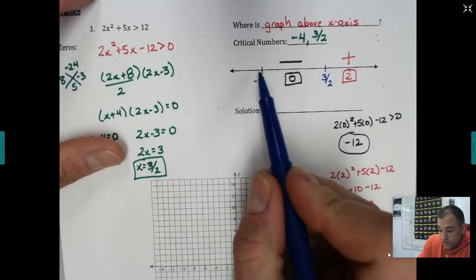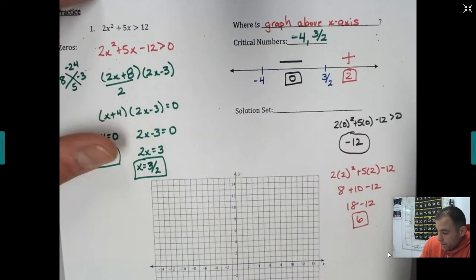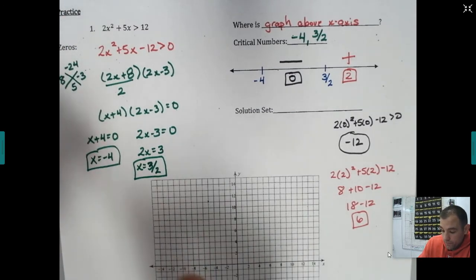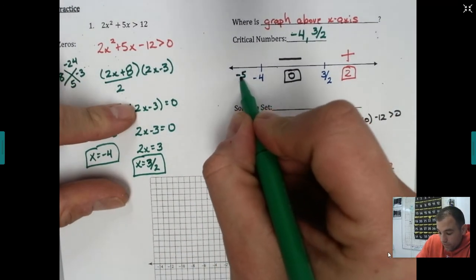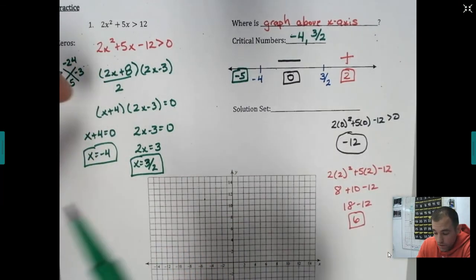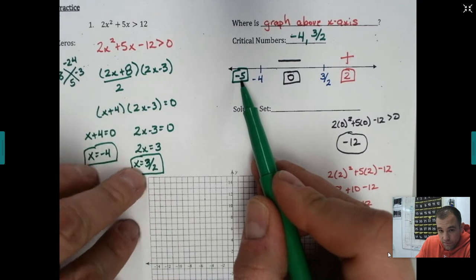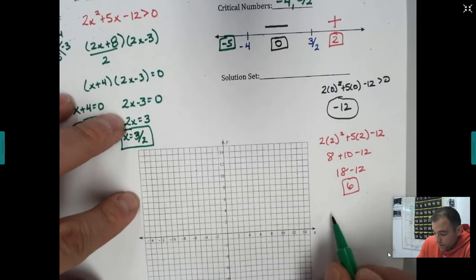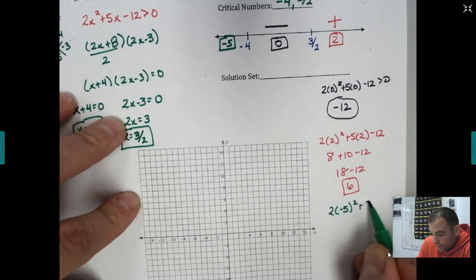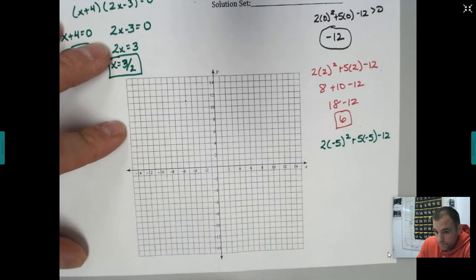So if we wanted to check this one, let's say I plugged in -5 over here, right? Because -5 would fall in this interval. Again, pick any numbers you want, but pick smaller numbers so they're easy to work with. And then let's test -5. So I'm going to put -5 in here. So that would be 2 times -5 squared plus 5 times -5 minus 12.